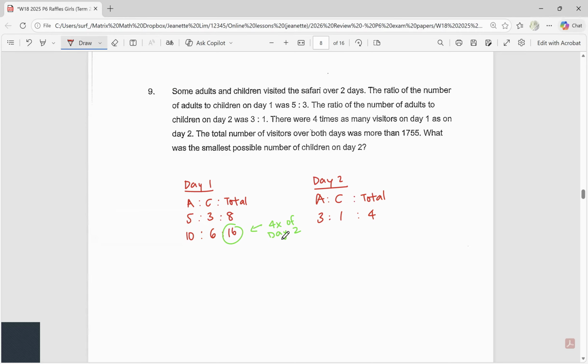Now from here, total number of visitors over both days was more than 1755. So total number of visitors for both days is 16 plus 4 units. So 16 units plus 4 units, which is 20 units.